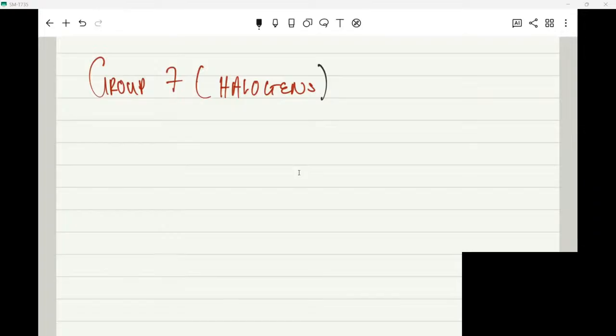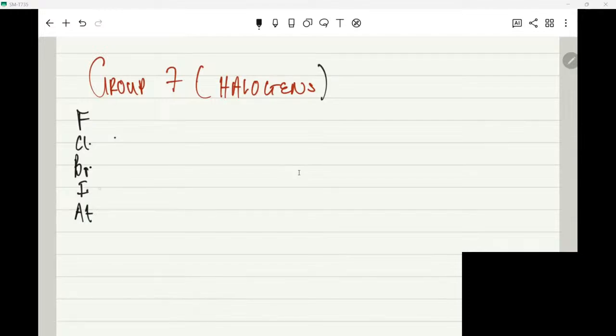Group 7, what do we have for group 7? We can put them: it is fluorine, then chlorine, then bromine, then iodine, then astatine, which is At, right? So fluorine is a gas, chlorine gas, bromine liquid, iodine solid, astatine solid.